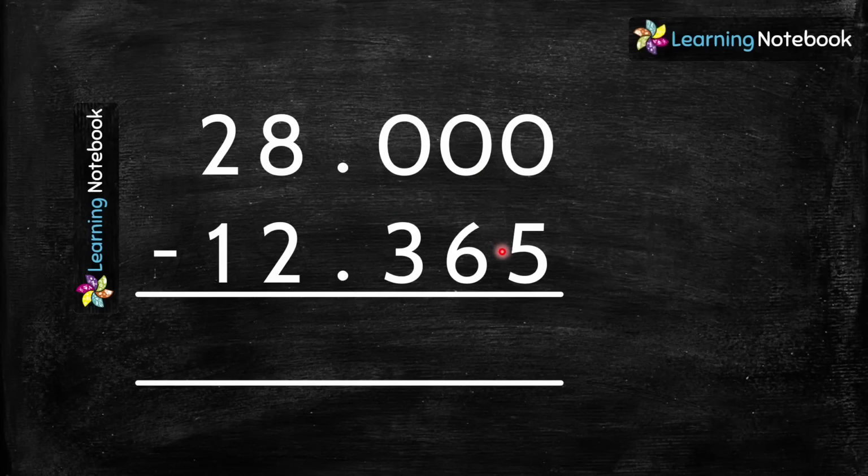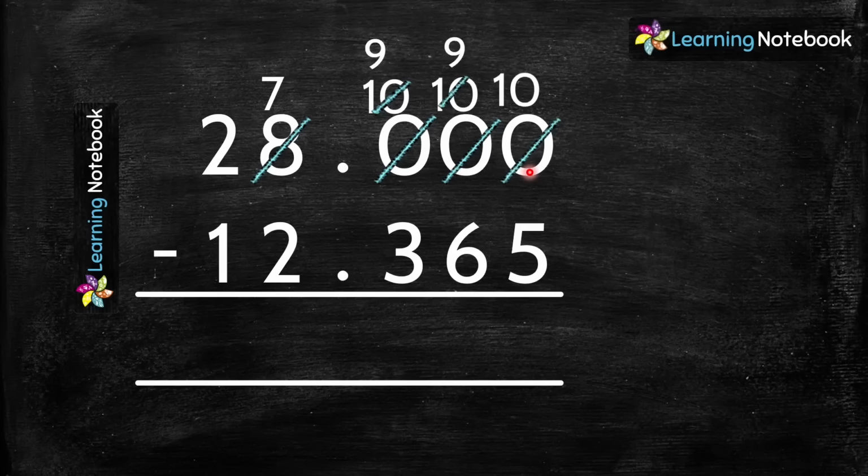0 is smaller than 5. So 0 borrows from 8. So 8 becomes 7 and we will keep on borrowing until 0 becomes 10.